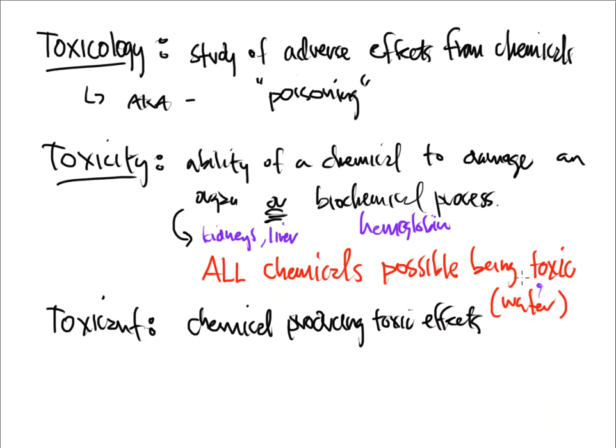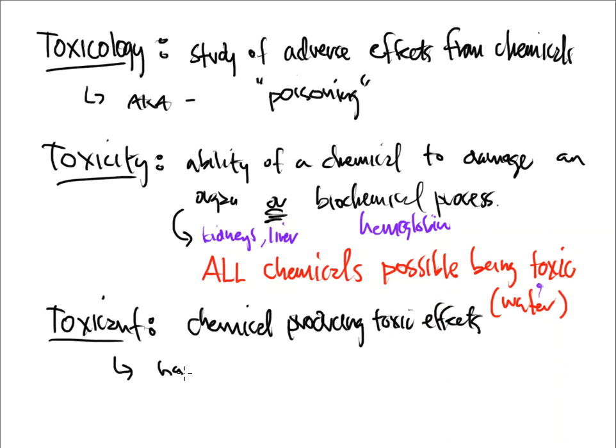So, for instance, water can be a toxicant because water, under the right circumstances, could target an organ or a biochemical process and shut it down. Because of that, water has toxicity associated with it. And toxicology is the field of science that studies all of that.